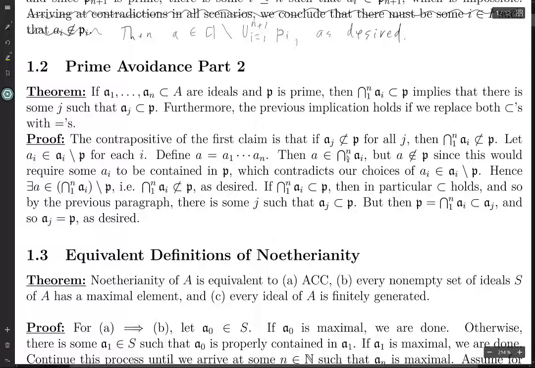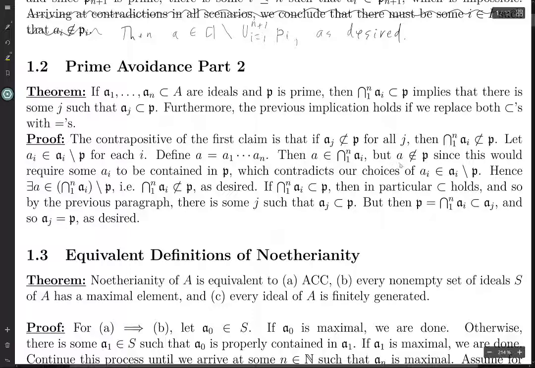Then a is contained in this intersection because for every single ideal A_i, the element a_i that appears here is in that ideal, and it's just being multiplied by a whole bunch of stuff, which, since this is an ideal, keeps you in the ideal. So for every single ideal A_i, a is in A_i, and so a is in the intersection of the A_i.